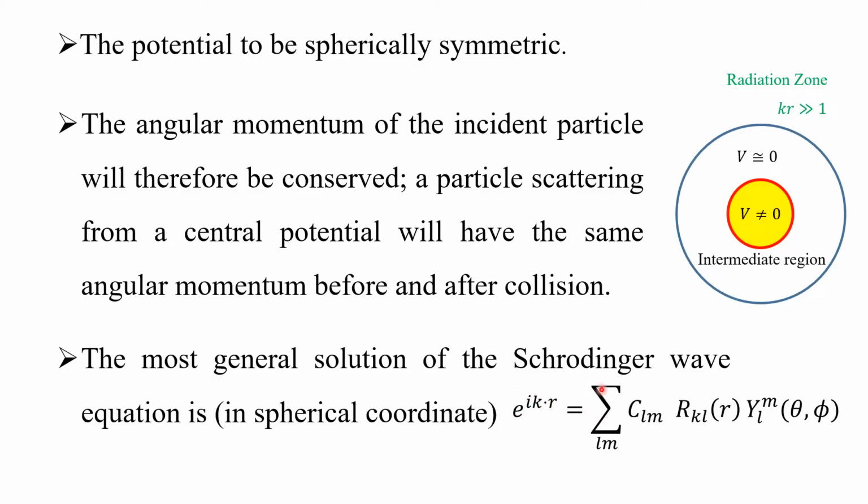In spherical polar coordinates, it is equal to the summation over l, m of C_lm R_kl, where capital R_kl is a function of r alone, and Y_lm is a function of theta and phi. This is the angular part of the wave function. This one is the radial part of the wave function, and C_lm is the expansion coefficient.